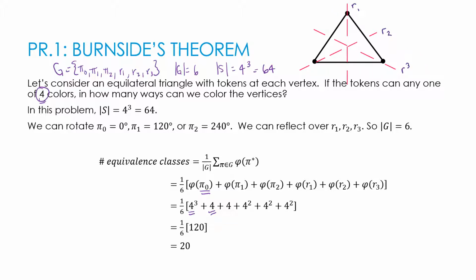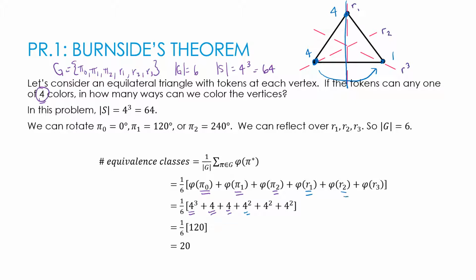Okay, that's this guy. Now I'm going to look at reflections. That was all 3 of these. Now let's look at a reflection. Reflection 1 means this guy can be whatever I want. This guy can be whatever I want, but this guy is going to flip over here, so that has to be the same one. So 4 squared.